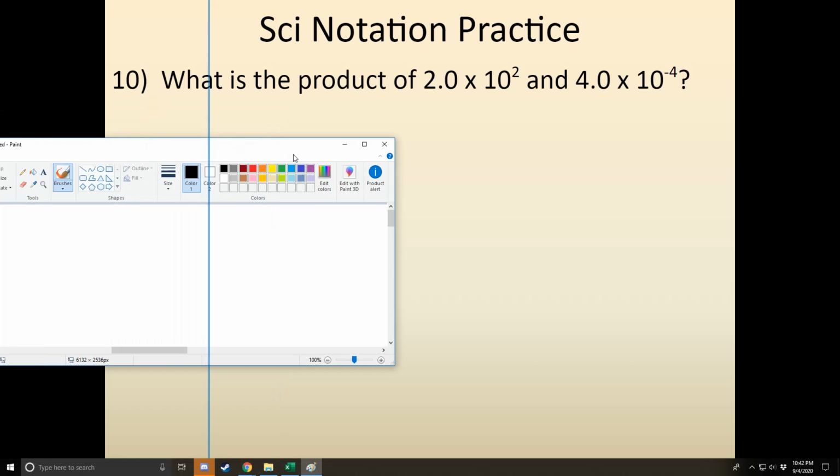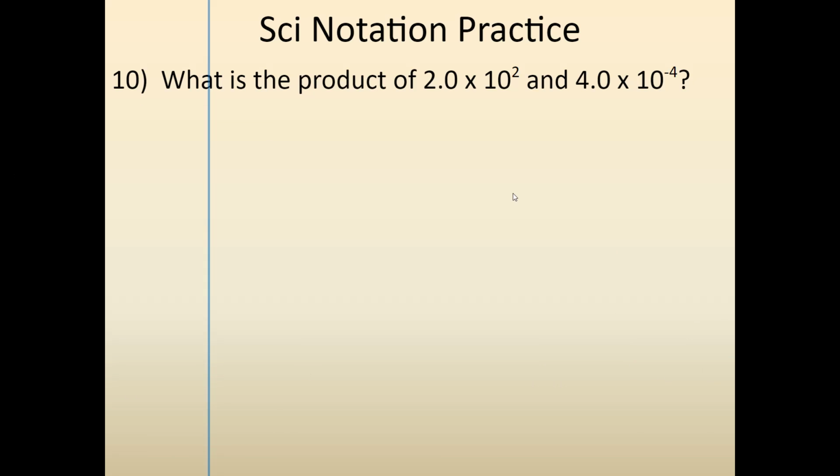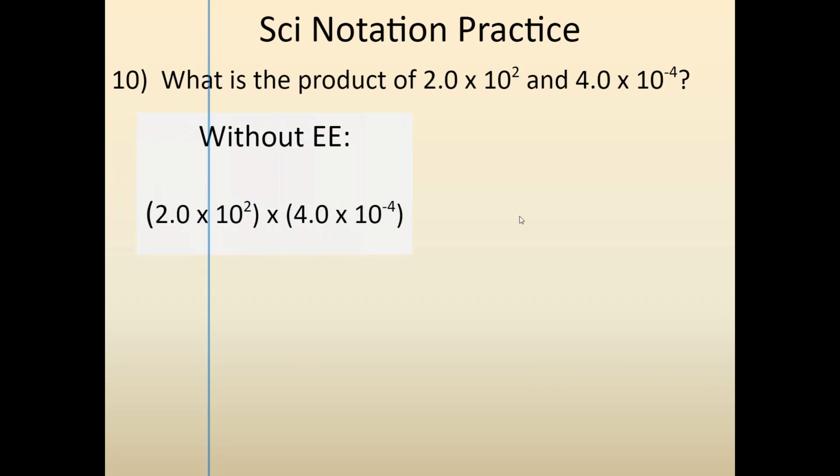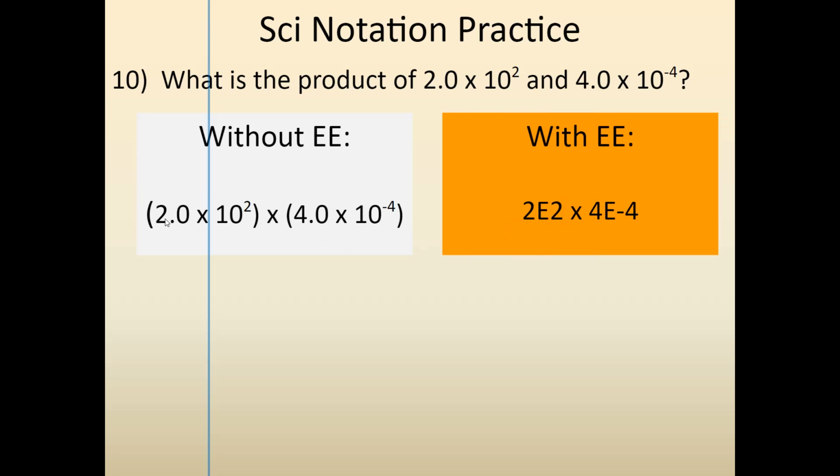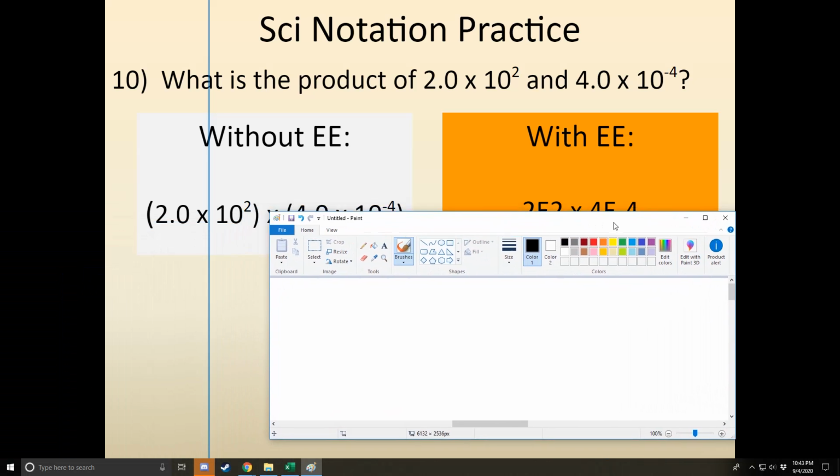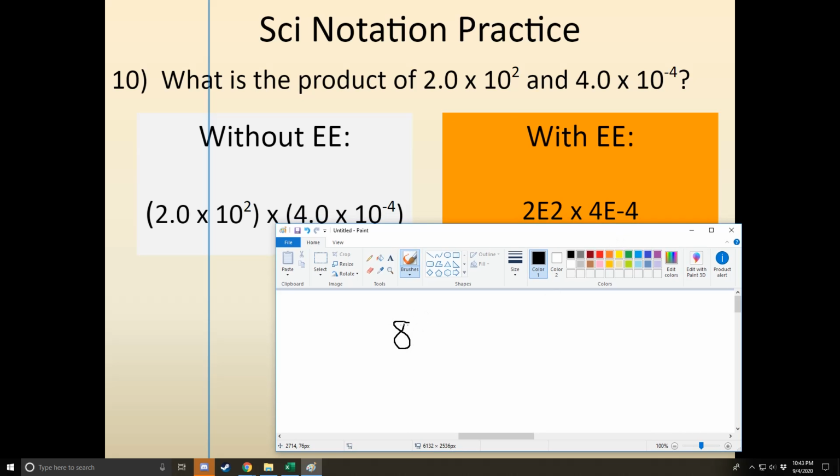Okay. So there are two ways to write this. Again, you can write it with parentheses around it, or you can write it with the E in the EE form. And in both cases, you should get the same answer. It should be 8 times 10 to the negative 2, I believe.